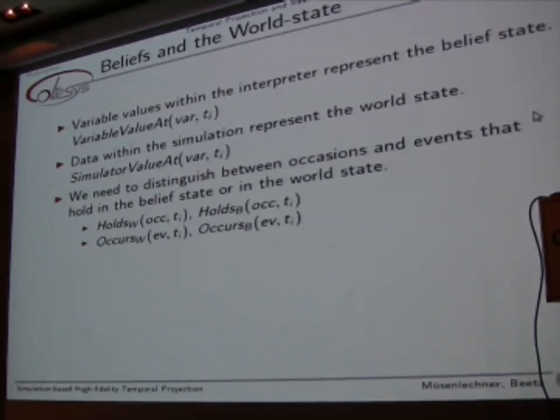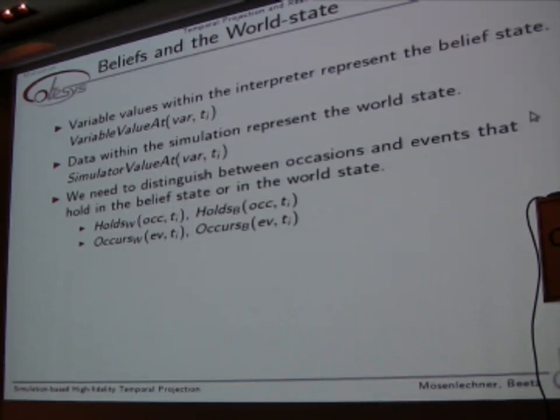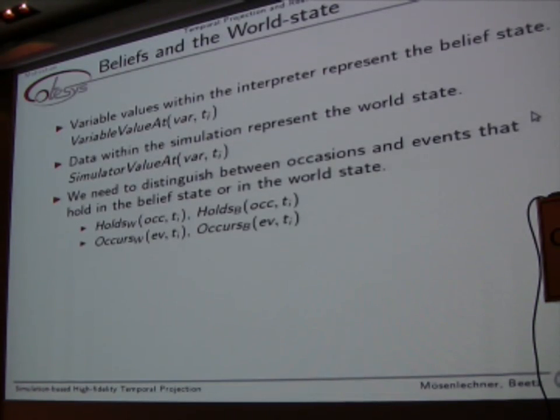So next is, as already mentioned, we clearly distinguish between belief state and the world state. This is in our reasoning engine represented by two functions. To reason about the belief state, we use the function variable value at to get the value of a state variable or some other internal value variable in the interpreter at a specific time point.